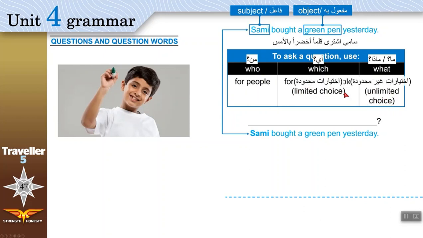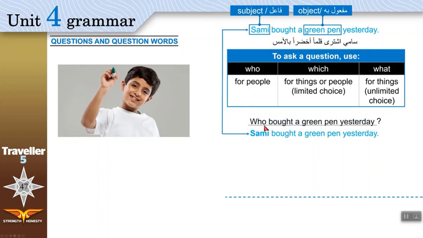Okay, what do we mean by limited and unlimited choice? We will get to this later. For now, let's ask our questions. We will use who because the answer is Sammy. Who bought a green pen yesterday? Sammy bought a green pen yesterday.